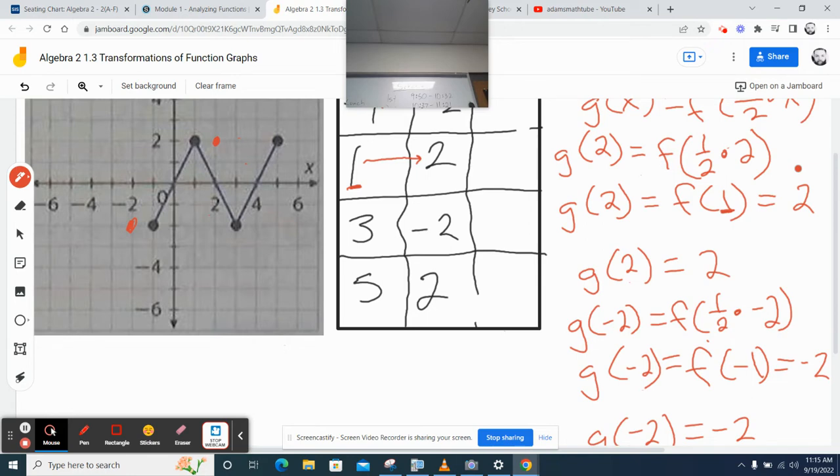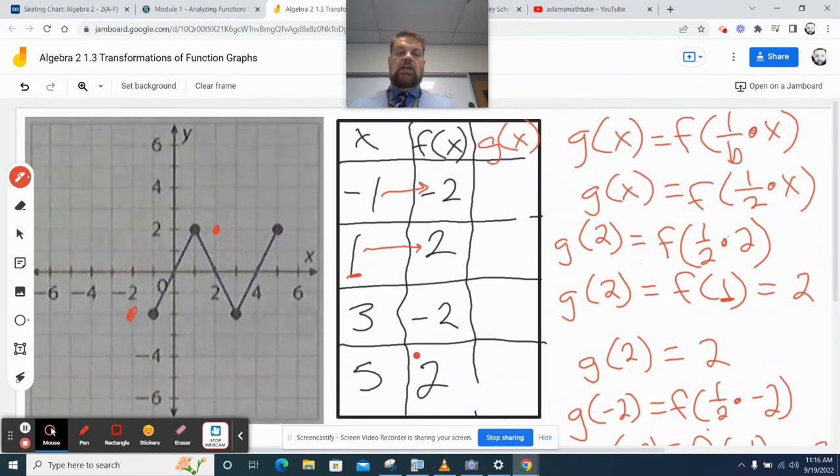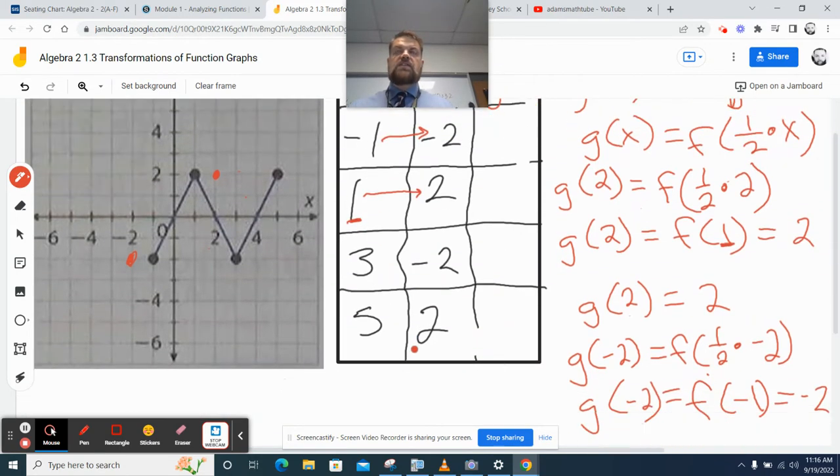What does it look like it does to the graph? Well, if I crank through, basically it's going to horizontally compress or stretch, depending on that value of b.